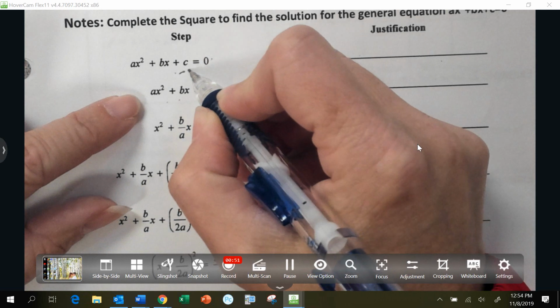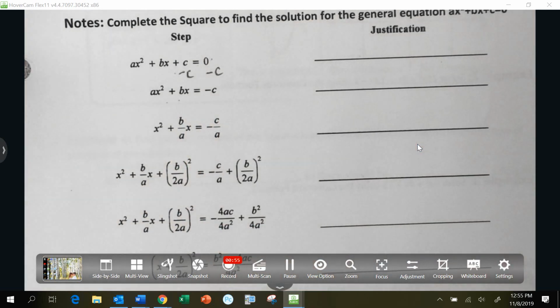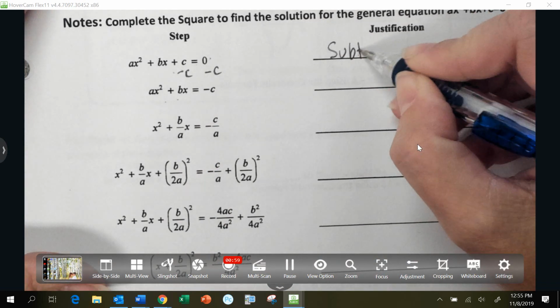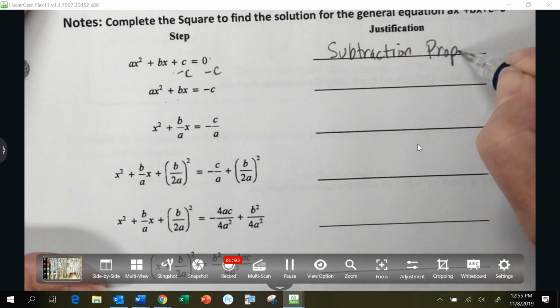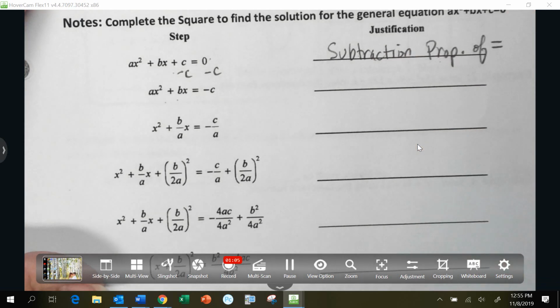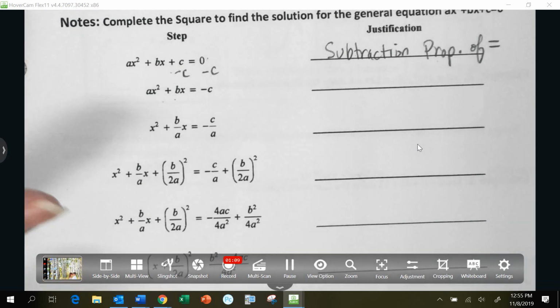If I subtract something from both sides, what property allows me to do that? Subtraction property of equality. That's what the justifications were going to be, but I'm not going to do that right now.